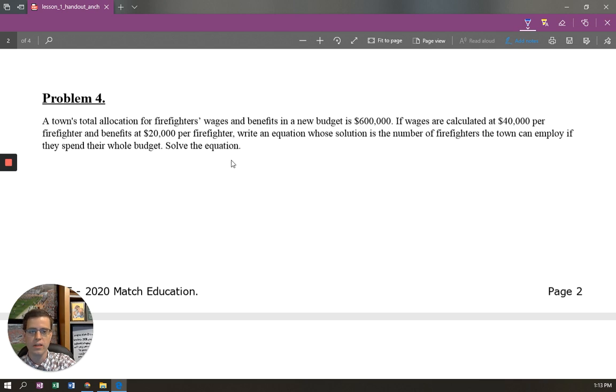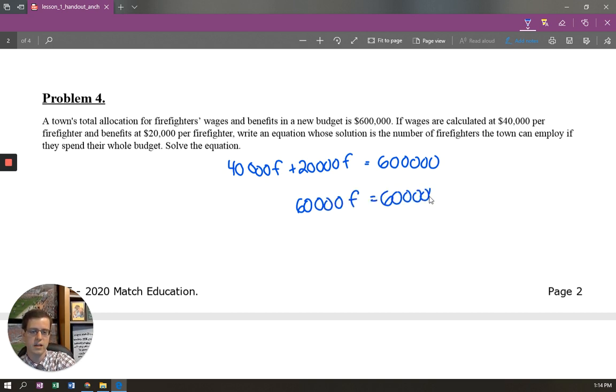Well, if wages are $40,000 per, we can do 40,000 times F plus 20,000 times F equals the $600,000 budget. We can combine 40,000 F plus 20,000 F to be 60,000 F equals $600,000.